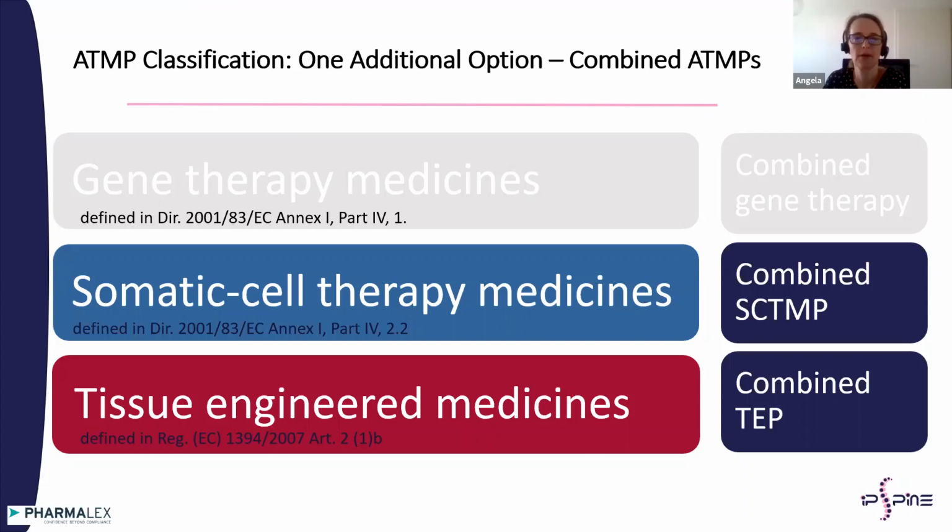We've got combined versions of the here ignored gene therapies, combined somatic cell therapies, and combined tissue engineered medicines. The combination process as such is the same for all three groups, so I will not distinguish between these three types now, but just talk about the combination process for all three of them.